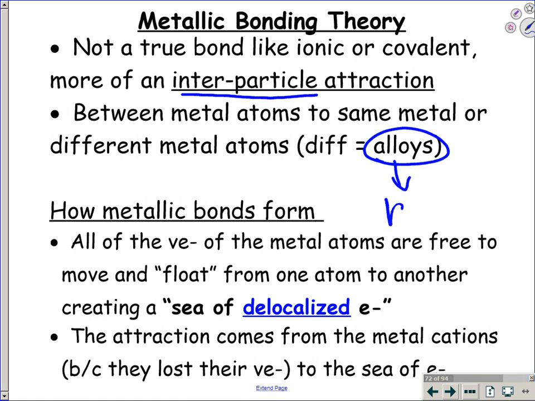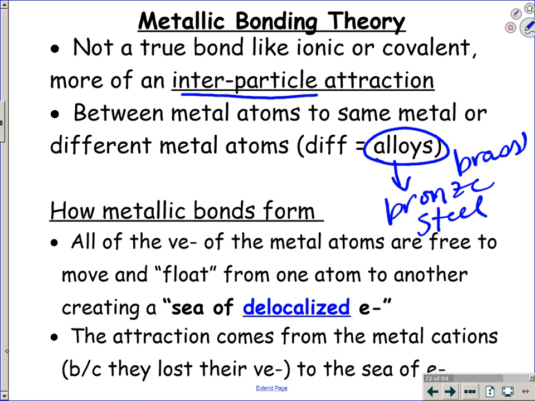Bronze. Another one. Steel. Brass. That's a good list. That's plenty. So what you'll notice is that these are not on the periodic table. These are blends of metals from the periodic table.